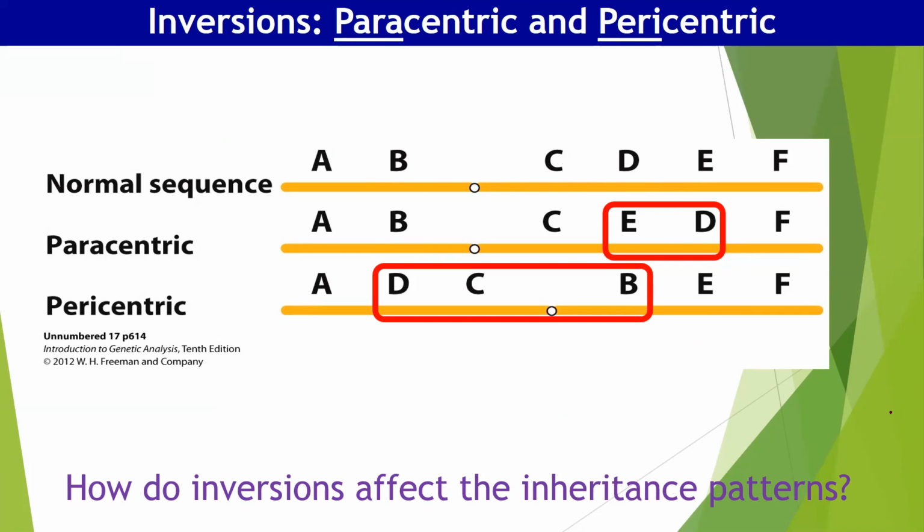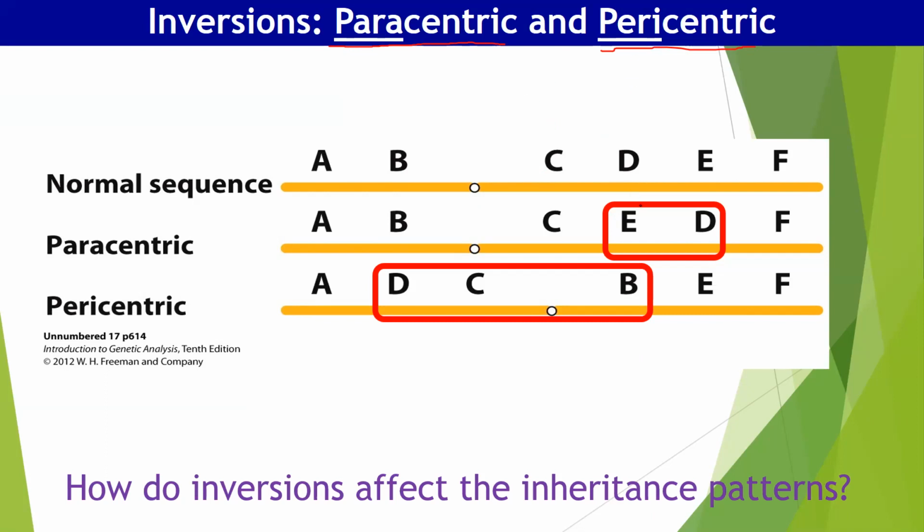So on Tuesday, we learned two forms of inversions, right? One is the paracentric, the other one is the pericentric. These two forms of heterozygous inversion depend on the location where the inversion occurs.